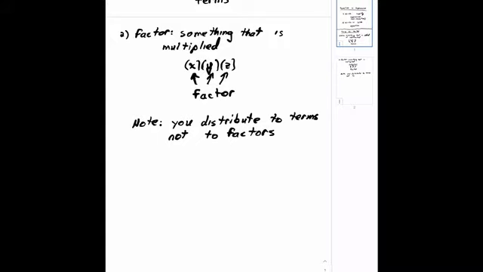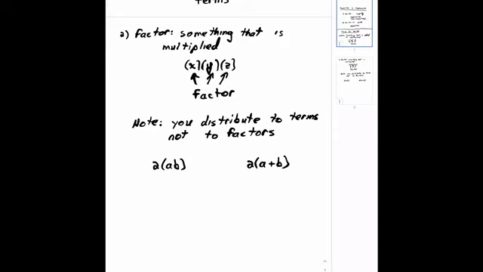Okay, so what do I mean by this? First of all, let's say we have two situations. The first one is 2 times the quantity AB, and the second one is 2 times the quantity A plus B. And I want you to rewrite each of these without parentheses.